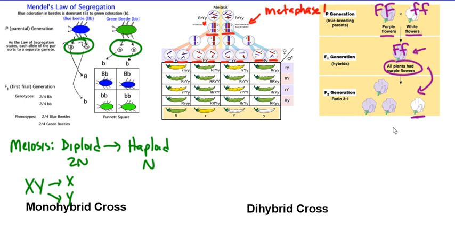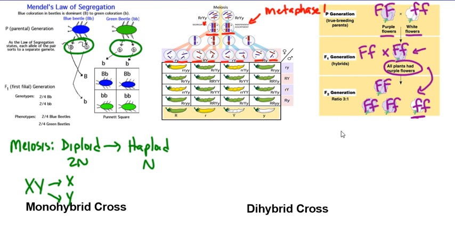Now, just for kicks, what he ended up doing was self-fertilizing. So we basically have a hybrid cross here where we end up with 3/4 purple, 3/4 dominant allele, and then 1/4 homozygous recessive, 1/4 recessive allele being shown.